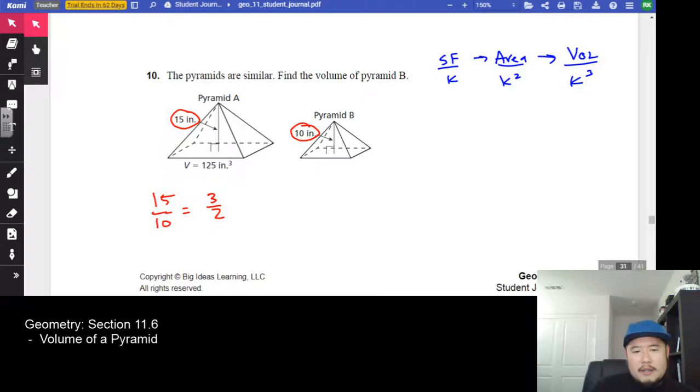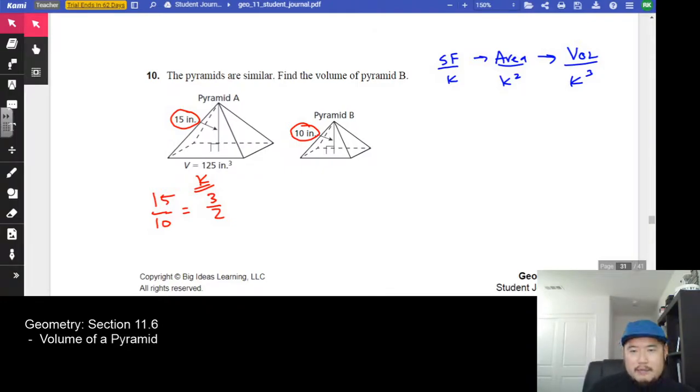So this represents K, your scale factor. Now, what I'm trying to figure out is the actual volume of pyramid B. Hopefully we realize that it's smaller than pyramid A, so it has to be less than 125 inches cubed.